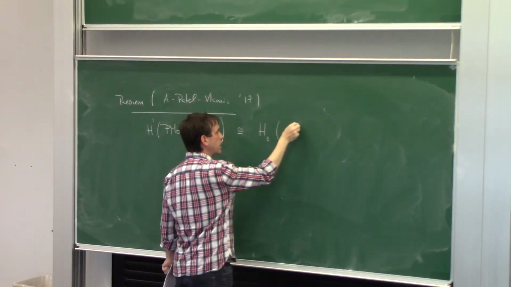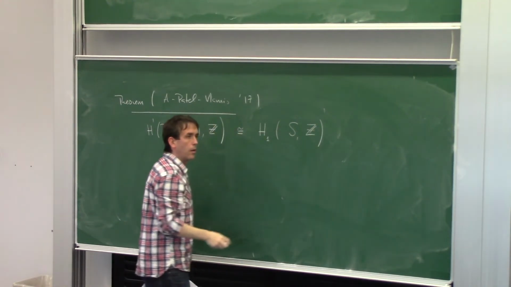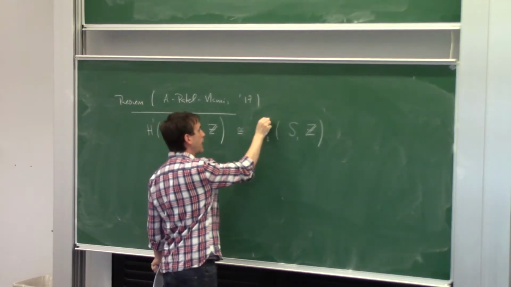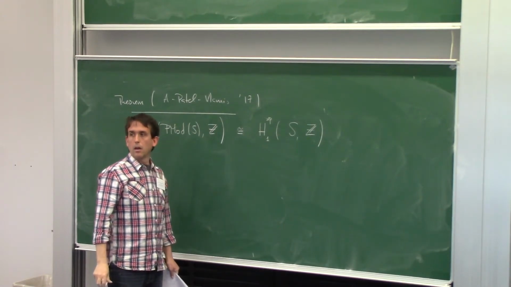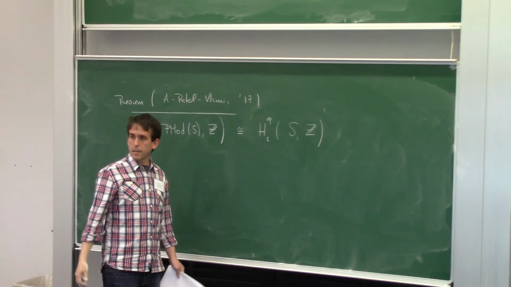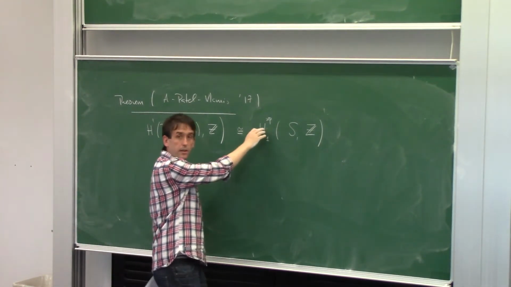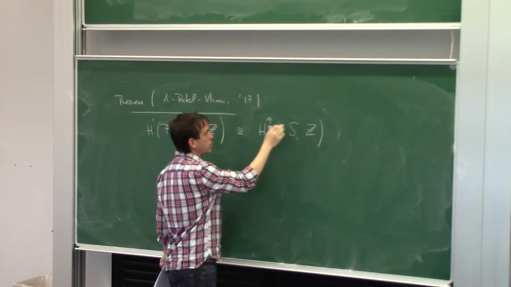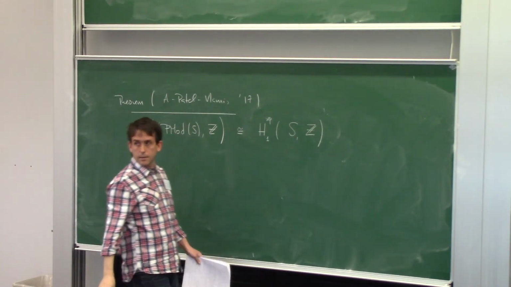This is the homology of the surface, the subgroup of this generated by separating homology classes. Okay, so classes that can be realized by a separating curve. This is the definition, right? So this is the subgroup of H1 generated by separating classes.